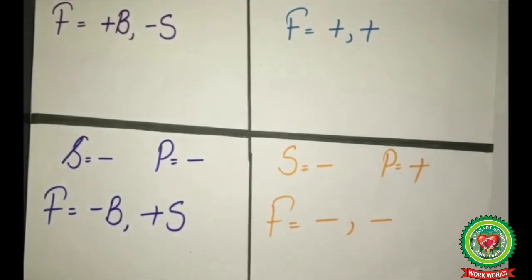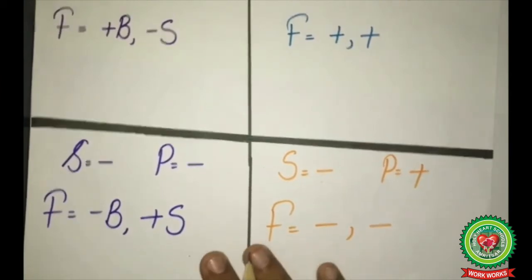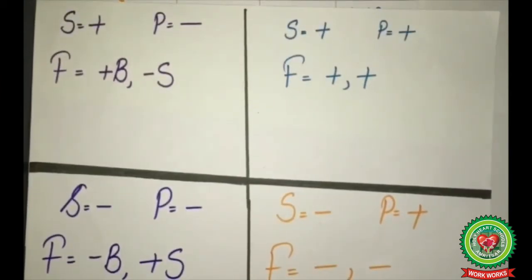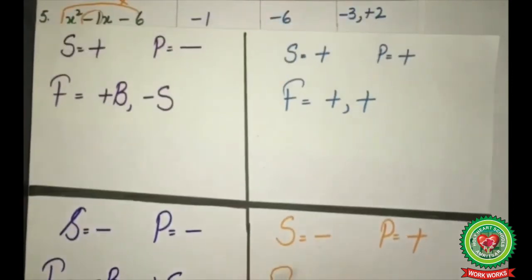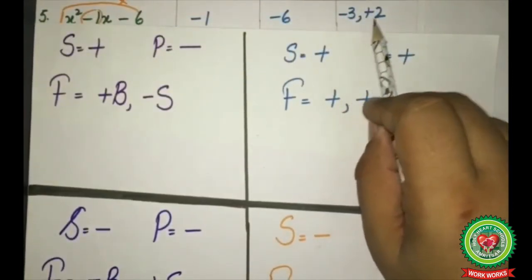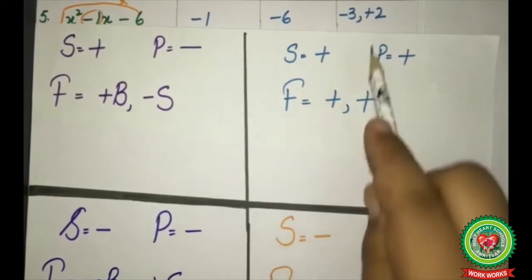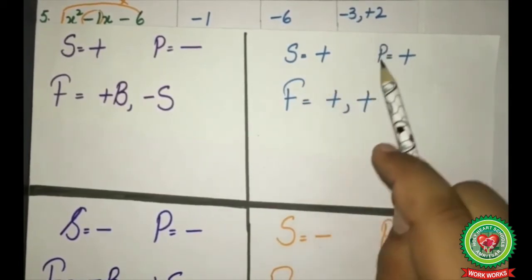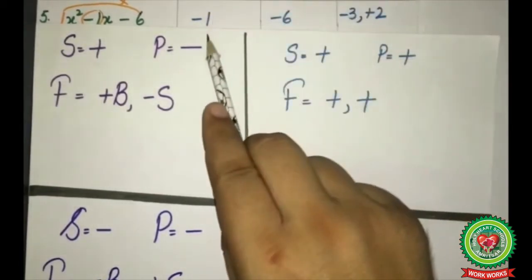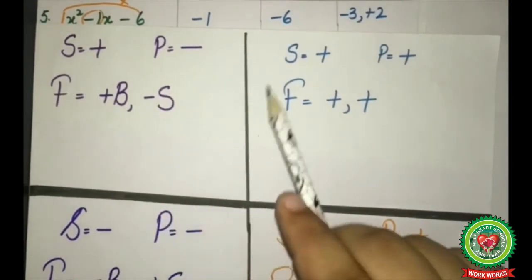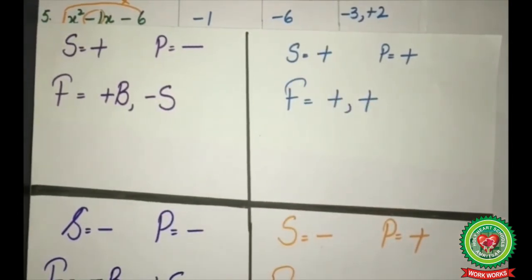So both the factors will have different signs, and the bigger factor will have a minus sign and the smaller factor will have a plus sign. Therefore the required factors will be minus 3 and plus 2, because minus 3 and plus 2 will give us the sum as minus 1 and the product as minus 6.